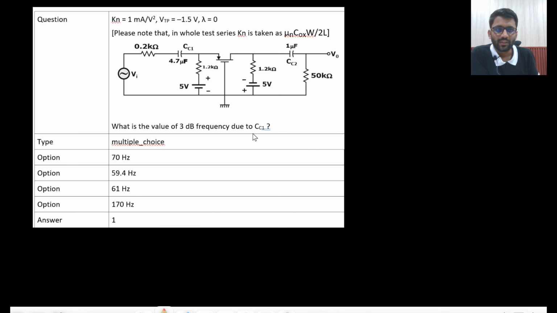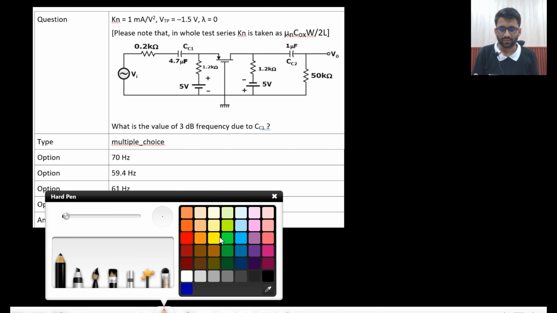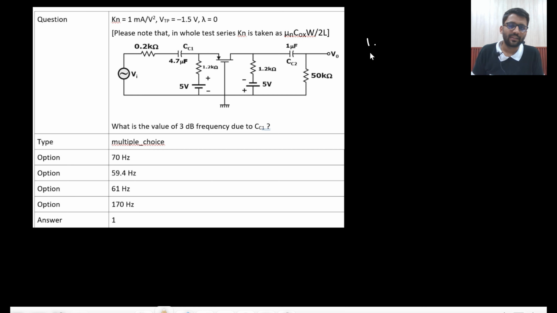Now in this one, they are asking for the 3 dB frequency due to CC1. So across CC1, what is the impedance you see? Across CC1 you see 1 by GM parallel with 1.2 kilo ohm. GM we have got as 2.68, so I have to calculate 1 by GM, the reciprocal of 2.68, which is 0.373 kilo ohm.